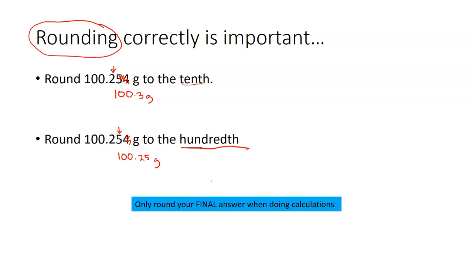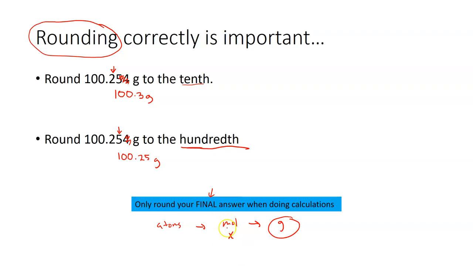And the other thing is, don't round until you get to your final answer. So for example, if you're doing a calculation where you're going from atoms to moles, and then from moles to grams, we don't want to round here. We round our final answer. So if I go number of atoms divided by Avogadro's number, I get a big ugly number.